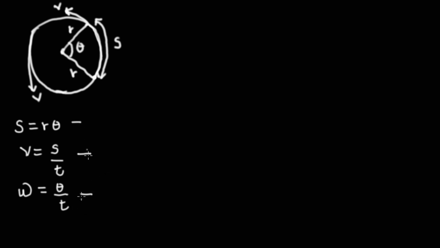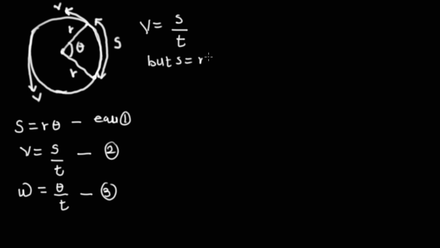Now let's consider this. Let's put v equals distance over time as equation 1, this as 2, and this as 3. s is given as r theta from the diagram above.